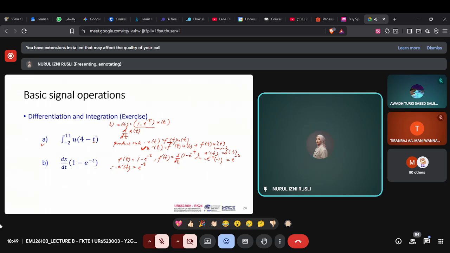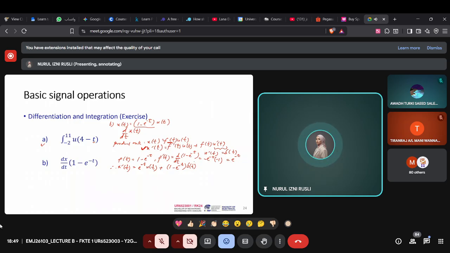You got exponential minus t multiplied by the unit step u(t), plus this term again, f(t), which we regard as 1 minus exponential minus t, multiplied by u prime t, which is basically the delta impulse.